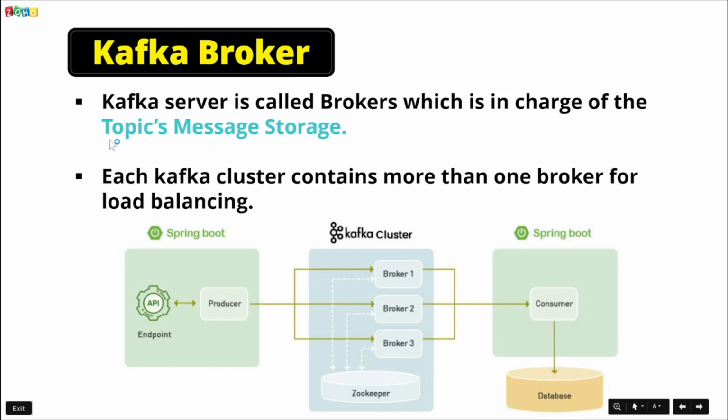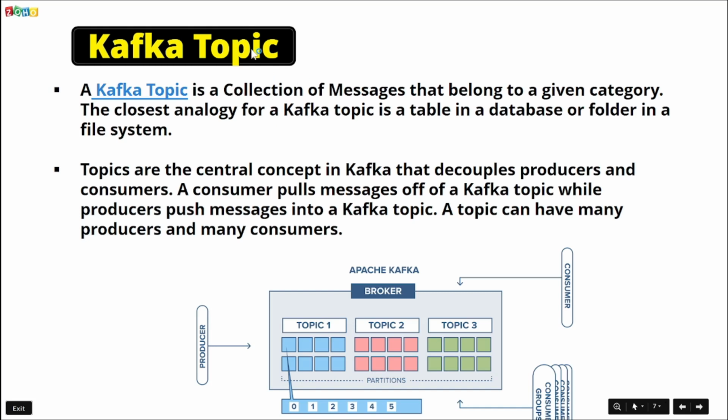Now let's understand what is a topic. Topic is a very important part of the Kafka ecosystem. A Kafka topic is a collection of messages that belongs to a given category. The closest analogy for a Kafka topic is a table in a database or a folder in a file system. In a database, we see that there is a table and inside the table there are columns and rows.